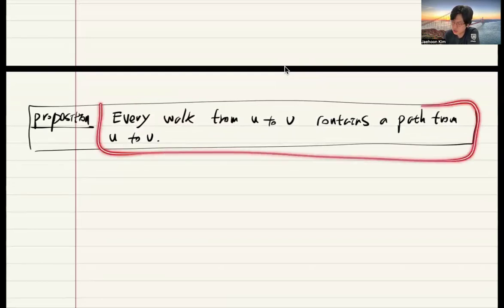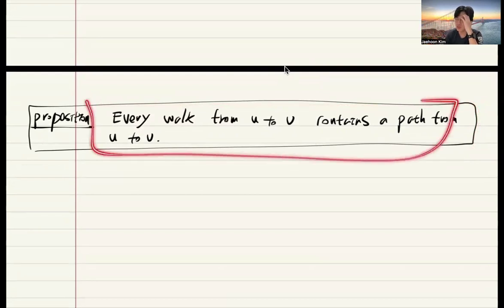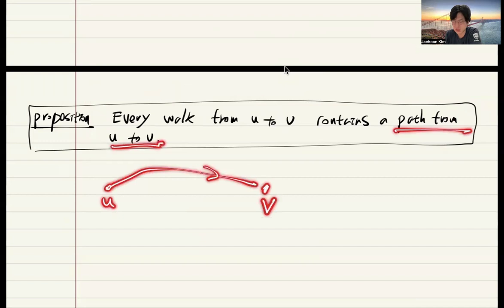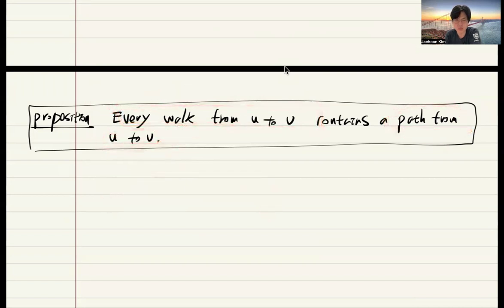But if this proposition is true, we don't have to care about the existence of a walk from U to V, because we can just be interested in the existence of paths from U to V, since this proposition shows that they're equivalent. It says that if there exists a walk from U to V, then there exists a path from U to V. And the converse is true because a path is a walk. So the existence of a walk from U to V is equivalent to the existence of a path from U to V.